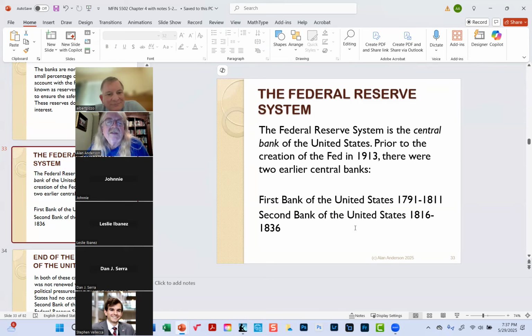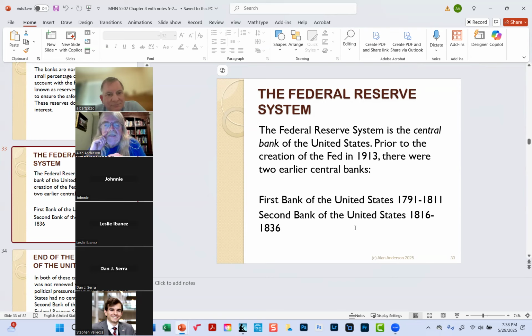Let's just say he had his reasons. The president of the central bank, Nicholas Biddle, and he were butting heads, and eventually Jackson won because the bank was not renewed.